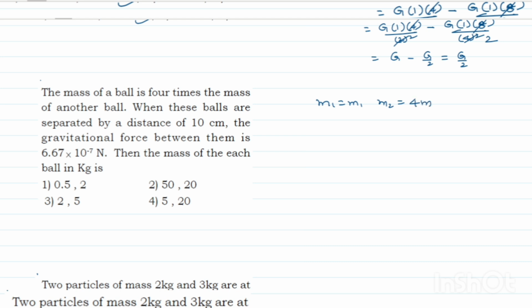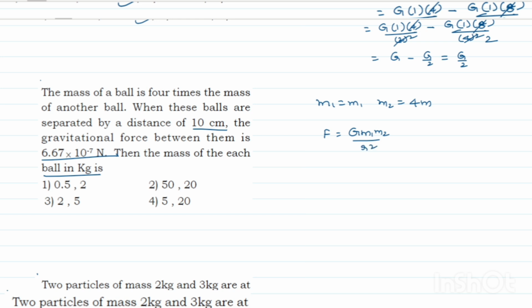Now here these two are separated by a distance of 10 centimeter. The gravitational force of attraction between these two will be 6.67 into 10 power minus 7 newtons. Then they are asking for the masses of each ball. Now just calculate the force of attraction between these two masses, F equals G m1 m2 by r square.